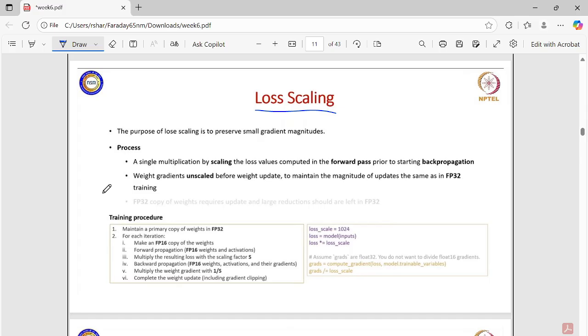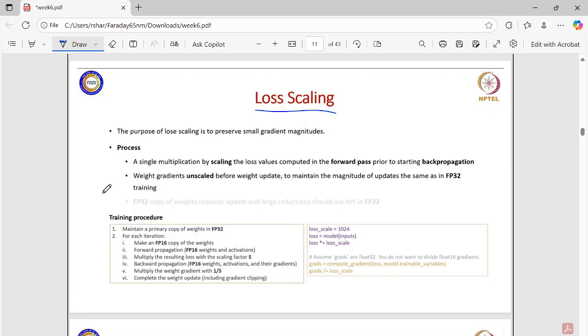To avoid this, we can scale up the loss value by a large number before backpropagation, which makes the gradient larger and less likely to underflow. After computing gradients, we scale them back down before the optimizer updates the weights.